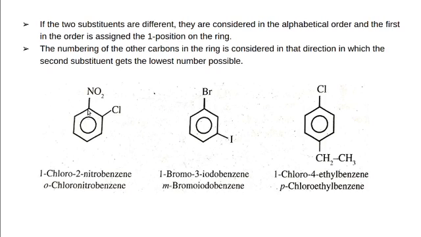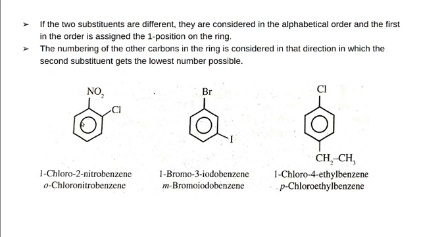So the second substituent should always get the lowest number. The numbering of the other carbons in the ring is considered in the direction in which the second substituent gets the lowest number possible. So the first number is based on the alphabetical order of the two substituents, and the second numbering is based on the lowest number possibility of the second substituent.